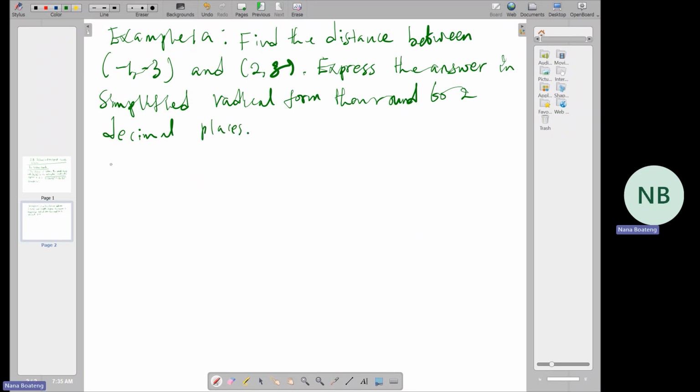All right, so the distance d is equal to the square root of (x2 minus x1) squared, where x2 is 3 and x1 is negative 1, plus (y2 minus y1) squared, where y2 is 3 and y1 is negative 3.